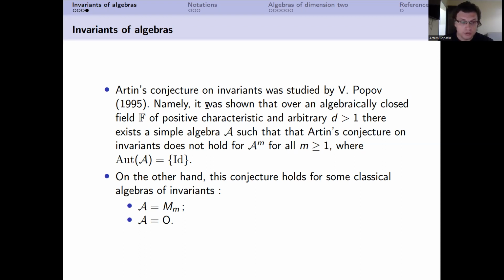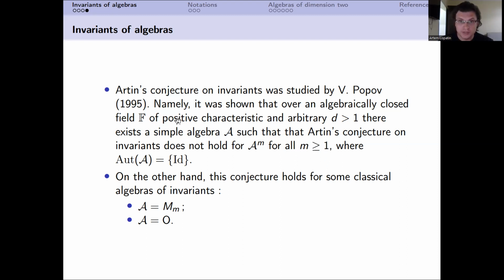But in the case of non-associative algebras, it was considered by Popov. He showed that in the case of an algebraically closed field of positive characteristic and d greater than 1, there exists a simple algebra A such that the Artin conjecture doesn't hold.